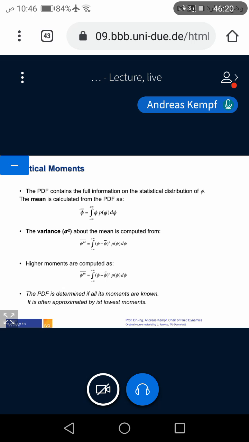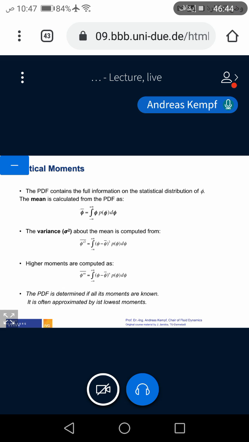Let's have a look at statistical moments. Now, the cool thing about the PDF is that it contains the full information on the statistical distribution of phi. This means it is a function, that means the number of support points it has is infinite. The mean can be calculated from the signal in the classical way you would know it, or from the samples, but you can also calculate it directly from the PDF.